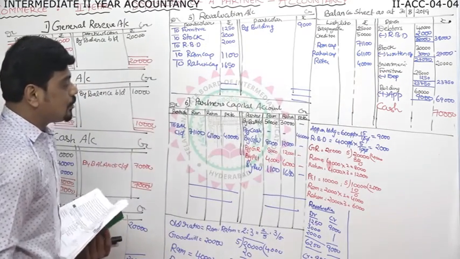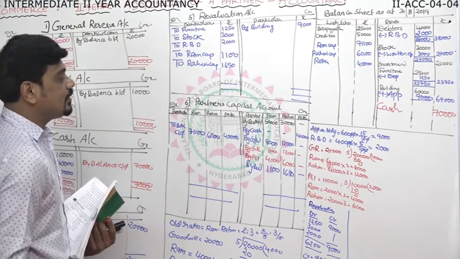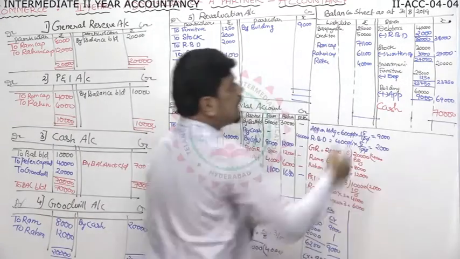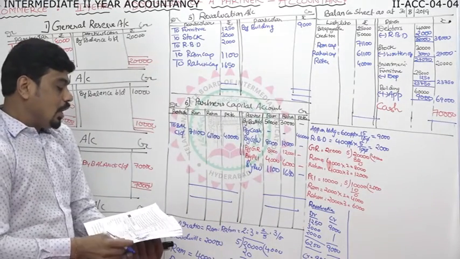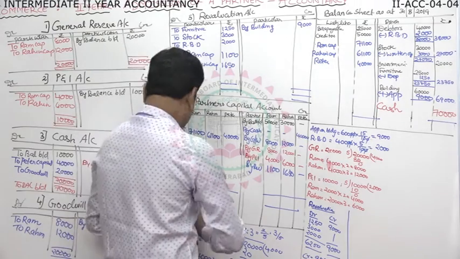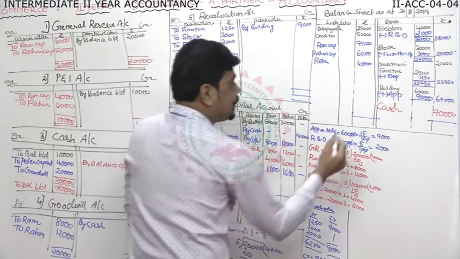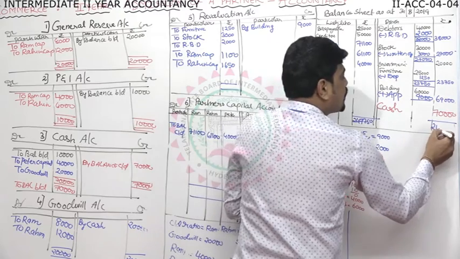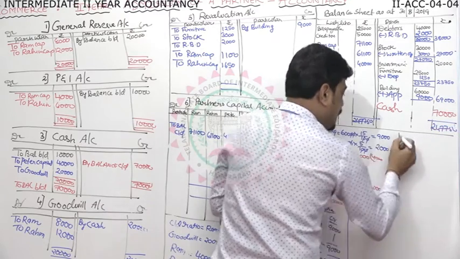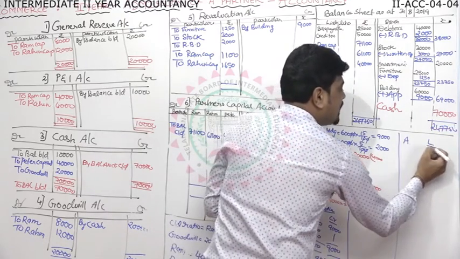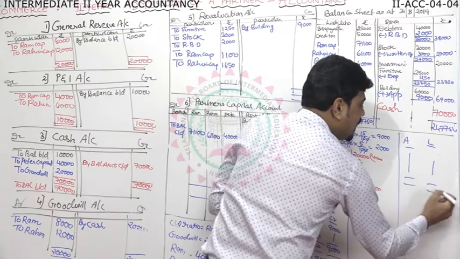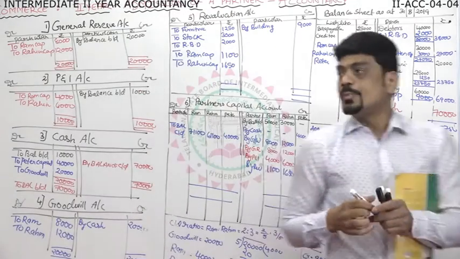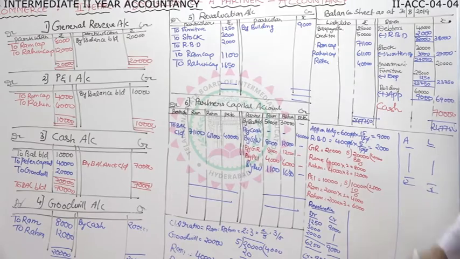Like this, we are going to close the accounts and we'll get the balance sheet answer. If you tally the balance sheet, you can see the total will be 2,47,750 rupees, which you can do in the working as assets and liabilities. You will get the answer. Like this, you can do the 20 marks problem in a very easy manner.